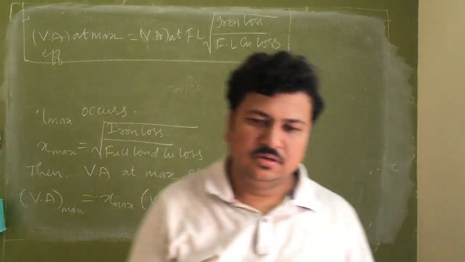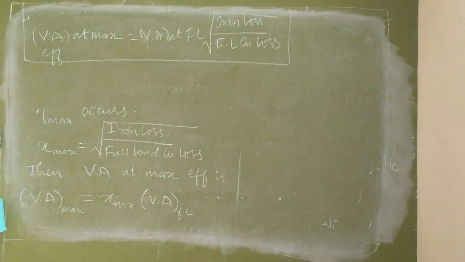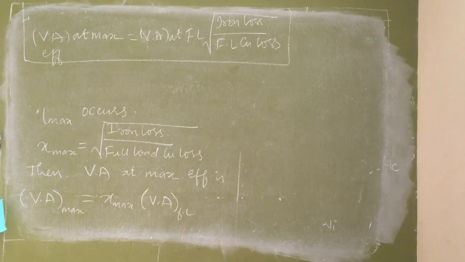So this is the volt ampere at maximum efficiency, which gives volt ampere at full load into the under root iron loss divided by full load copper loss.